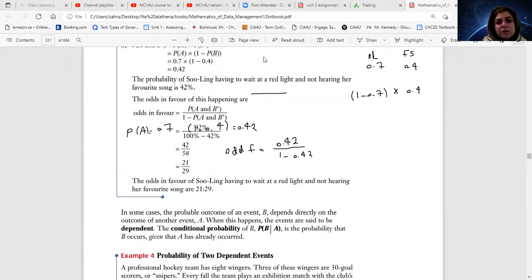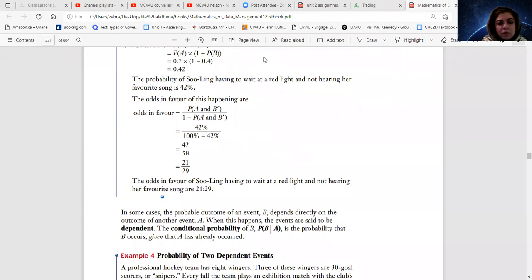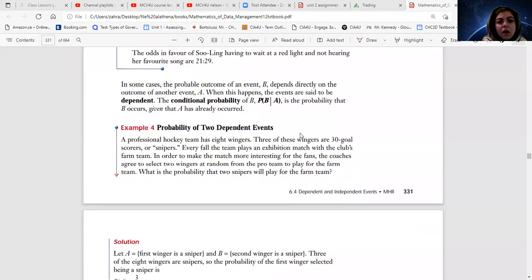Let me just erase this. Now, conditional probability.